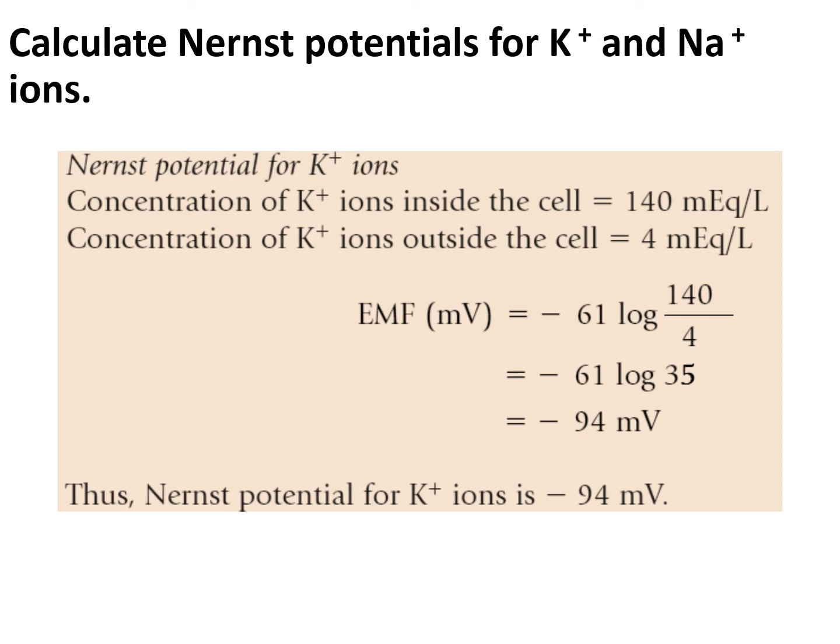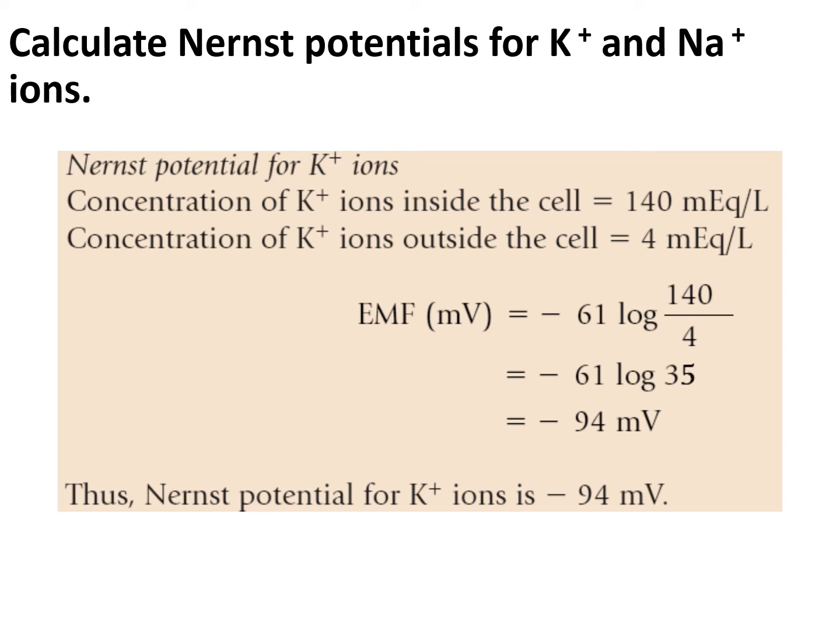Now the Nernst potential for the potassium and sodium ion. The Nernst potential for the potassium ion is equal to minus 61 log 140 divided by 4. Here 140 is the concentration of the potassium ion inside the cell and 4 is the concentration of the potassium ion outside the cell.